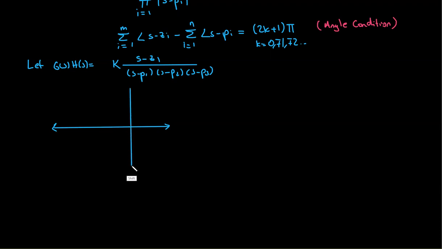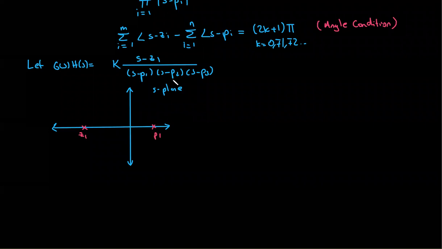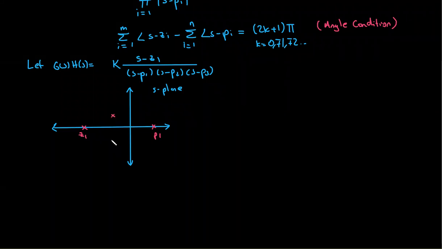Let this be the s-plane. Suppose the zero is there, let's say this is z1. Suppose this is p1. And let p2 and p3 be complex conjugate poles. Let this be p2 and let this be p3.